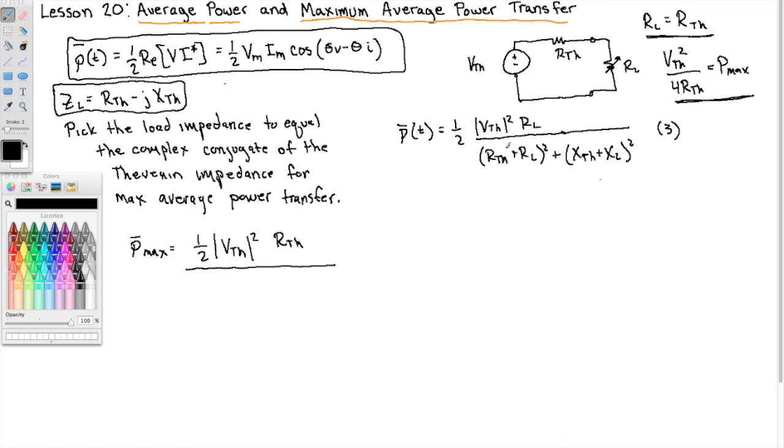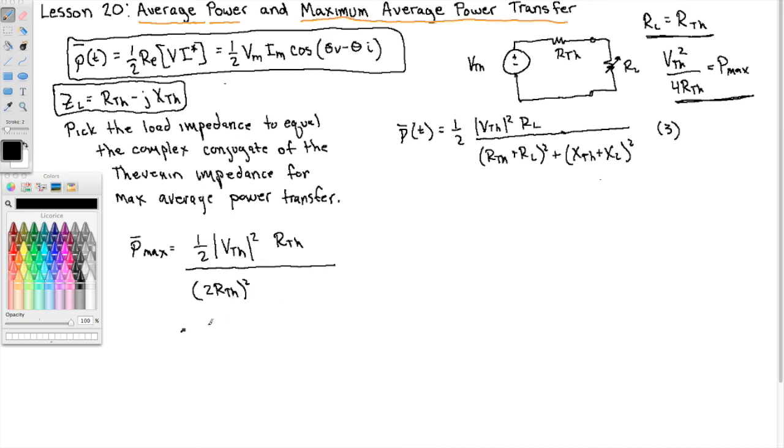So here in the denominator I've got R Thev plus another R Thev. And here we're going to choose XL to be minus X Thev, so this is 0.